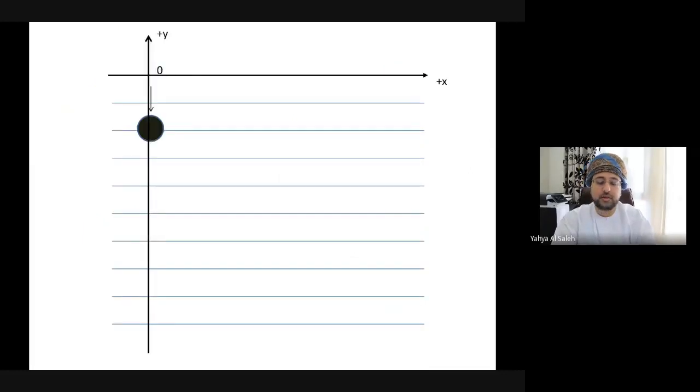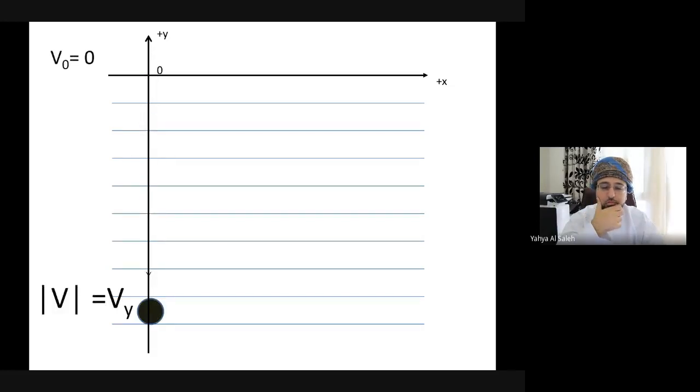So let's consider something moving. Let's consider a ball that is falling down. It starts from rest. Its velocity is 0. And it ends up at some velocity Vy. We use our normal equation, V equals U plus AT.